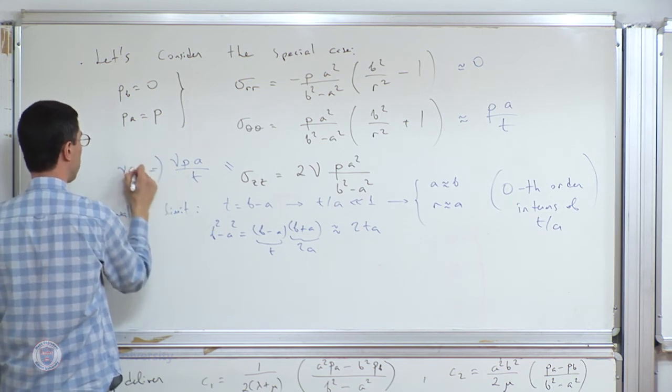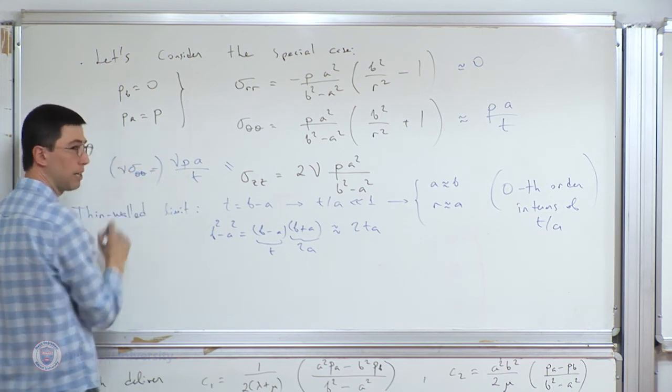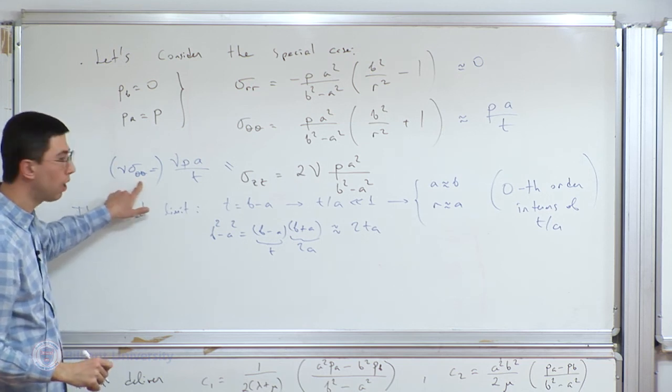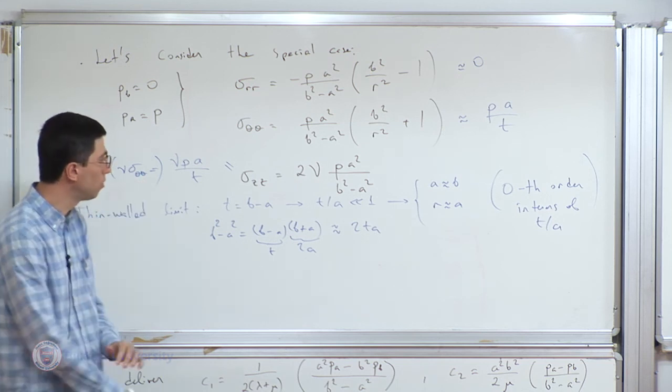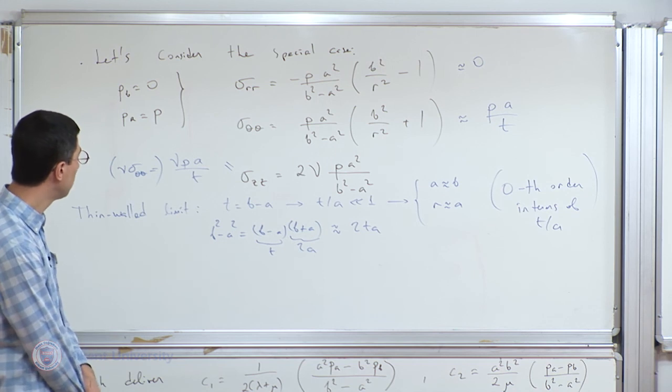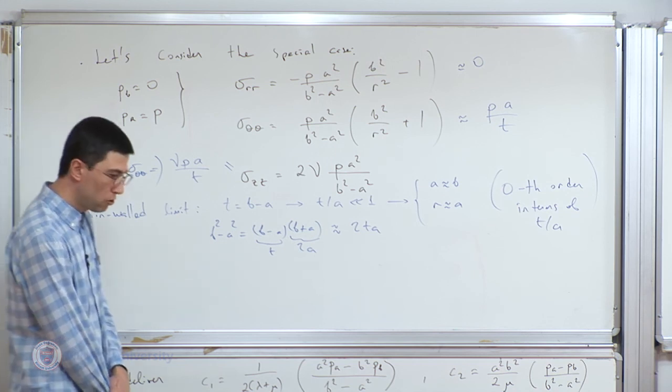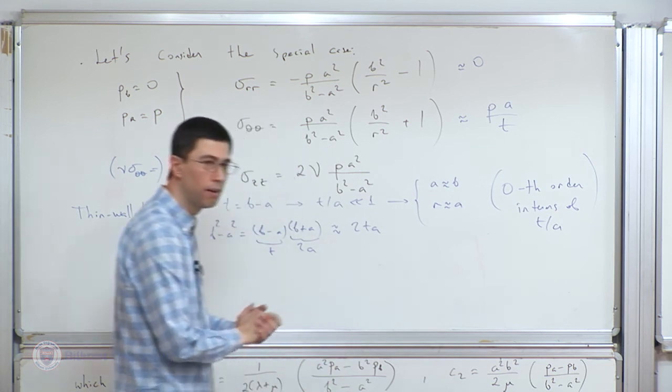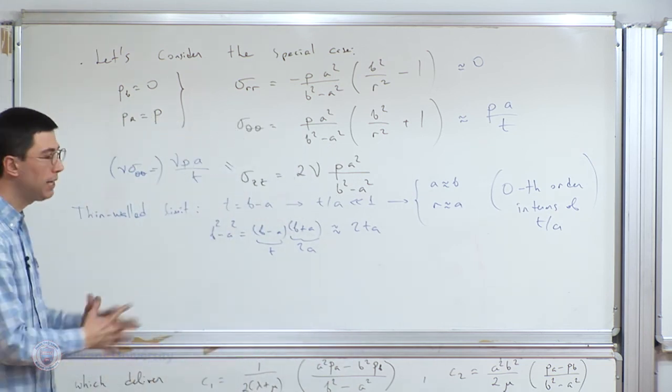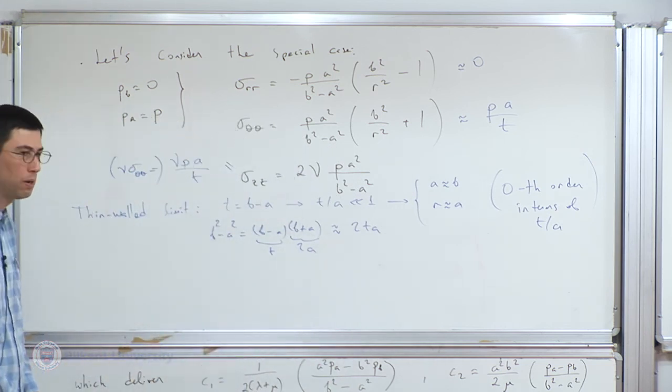It's still, of course, equal to nu times sigma theta theta plus sigma RR, but sigma RR is negligible. So in this case, it is nu times sigma theta theta. Right, so that is our thin wall limit. And PA over T is, of course, an equation that we remember.